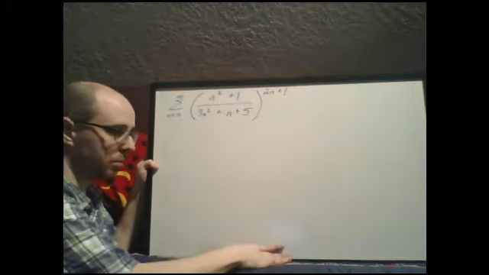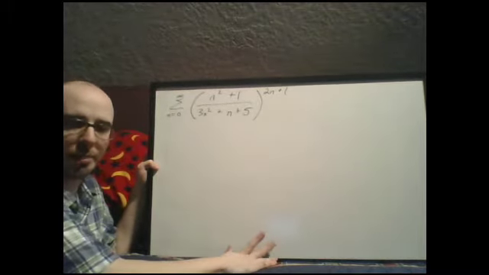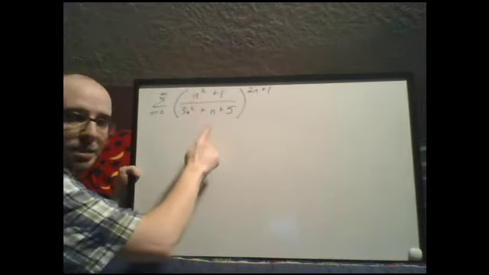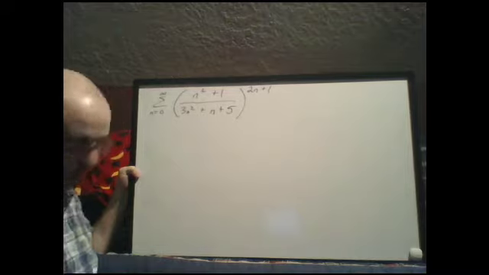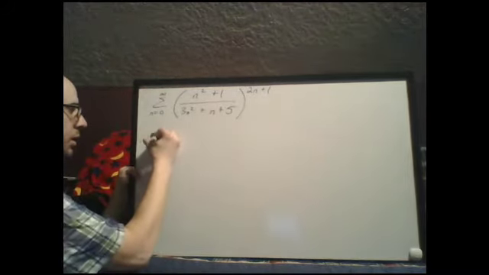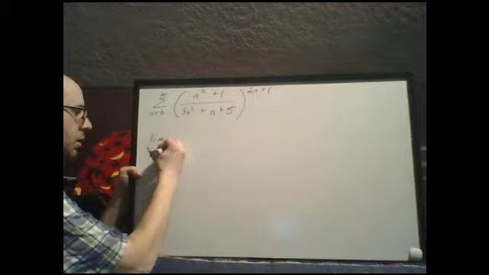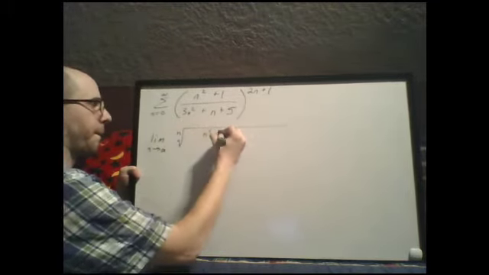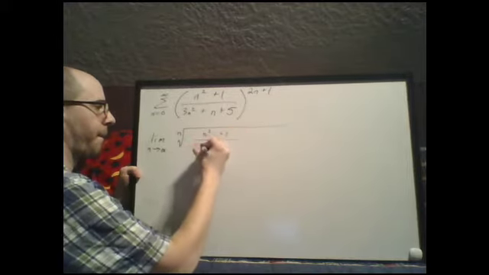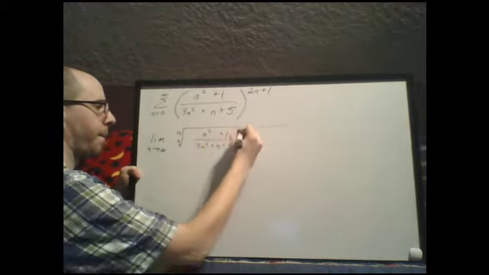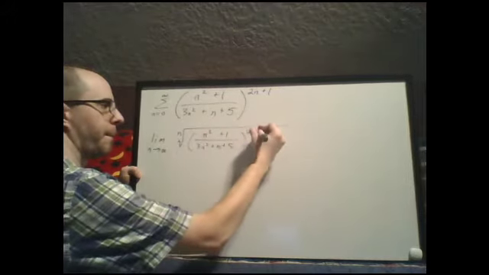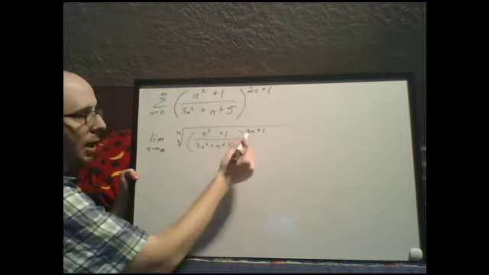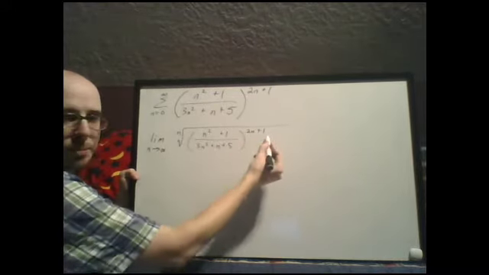Okay, so this one's a little bit worse, but the same principle still applies. My expression has n's in the base and n's in the exponent. So if I do the root test, we're taking the nth root of this thing, and when I take the nth root with this power, I'm dividing this power by n.